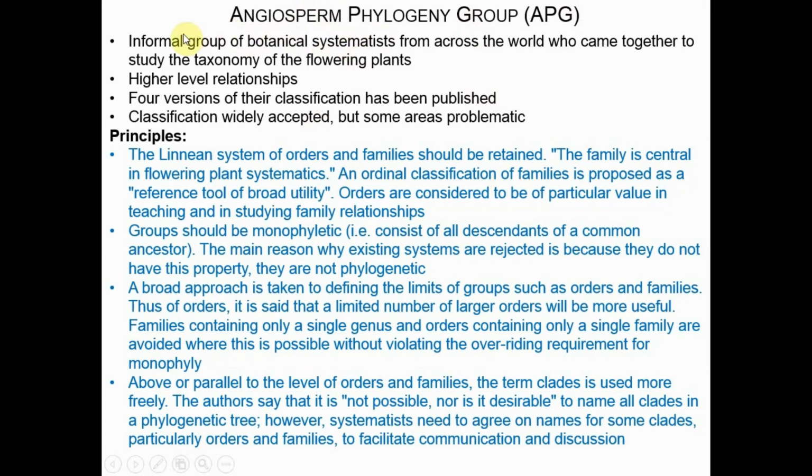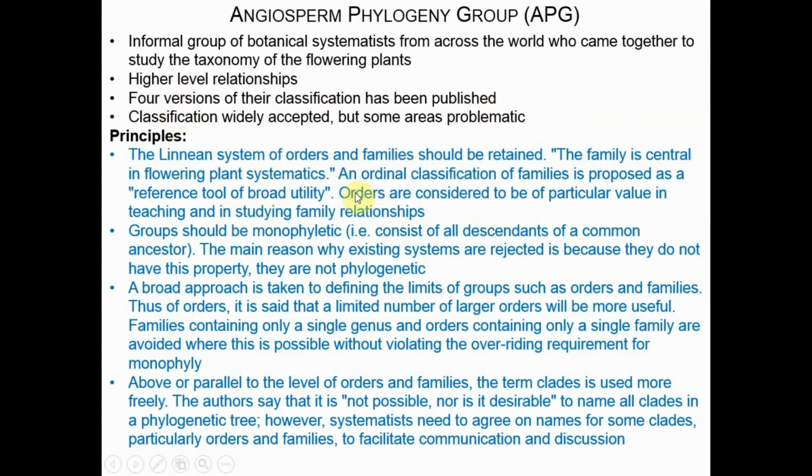It's an informal group of systematists from across the world that came together to study the taxonomy of flowering plants and look specifically at higher level relationships, normally above families and above. They started in the 1990s and have published 4 versions of the classification over that time to the present. And their classifications are widely accepted, although there are some problematic areas.